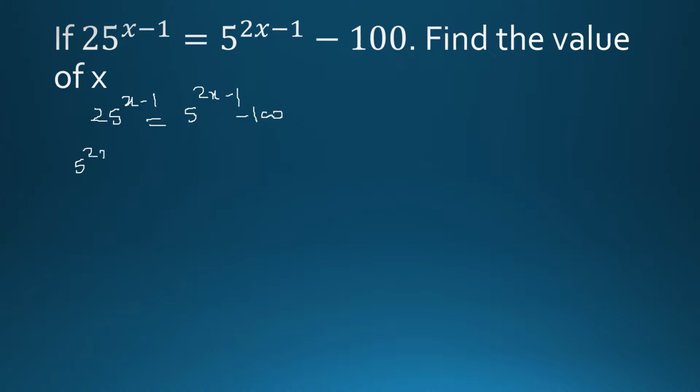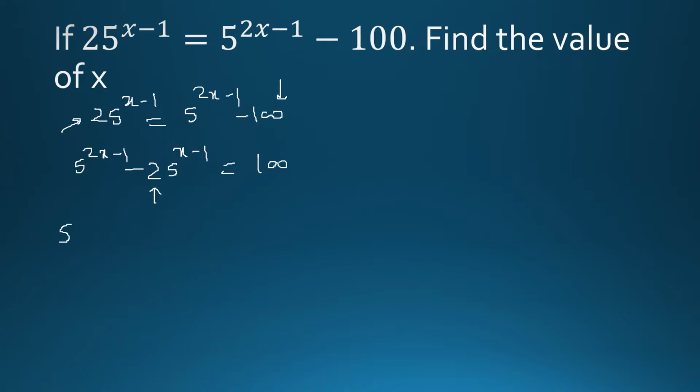So I am taking 25 raised to power x minus 1 onto the right hand side. Because it has a positive sign, on transposing it will be minus 25 raised to power x minus 1. And the minus 100 on the right hand side, when it goes to the left, will become 100.